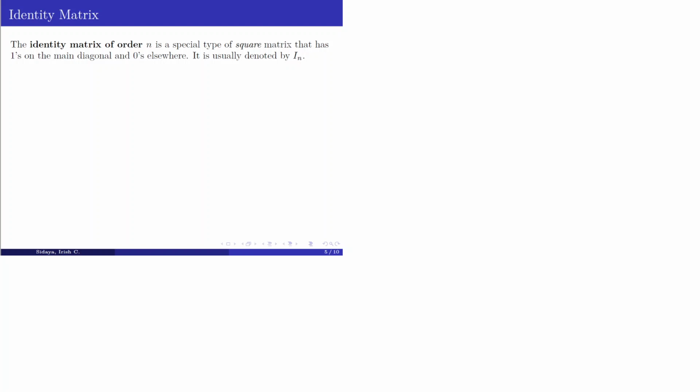Next, we have the identity matrix. The identity matrix of order n is a special type of square matrix that has ones on the main diagonal and zeros elsewhere. It is usually denoted by I sub n. So this is how it looks like. So this matrix I_n serves as the identity for matrix multiplication.